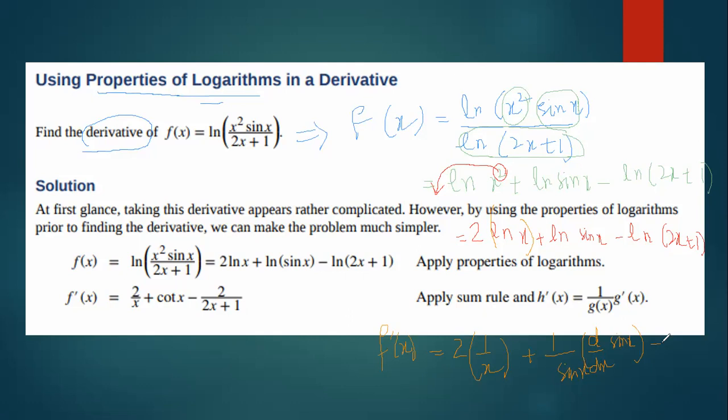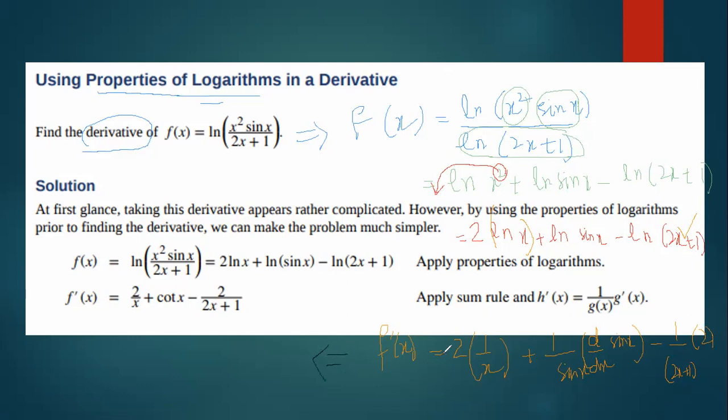Then minus 1 upon 2x plus 1, this is the property of logarithm, and then I derive the function 2x plus 1, so my answer will be 2 for this.